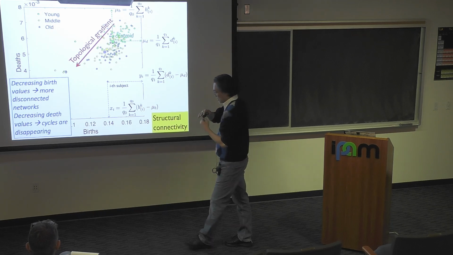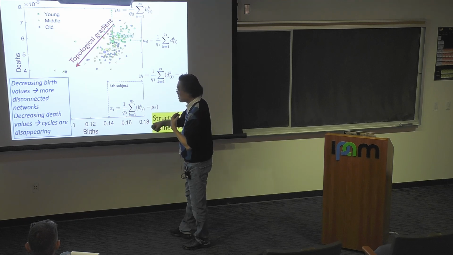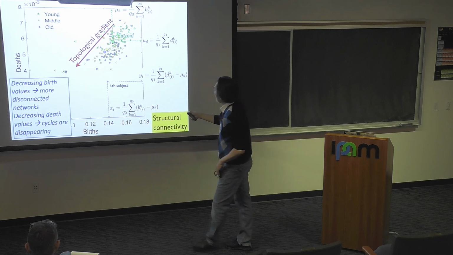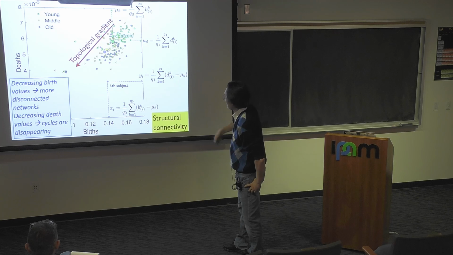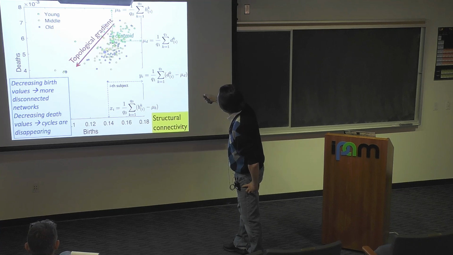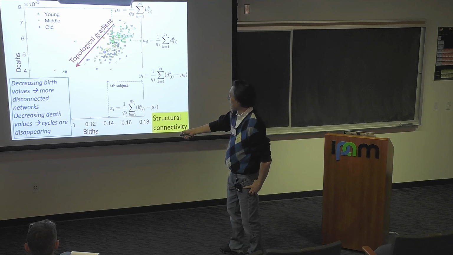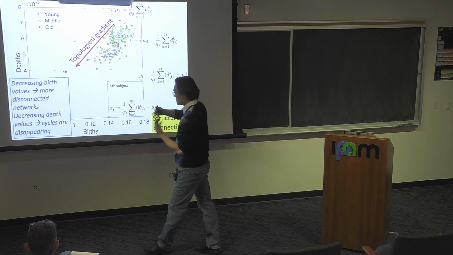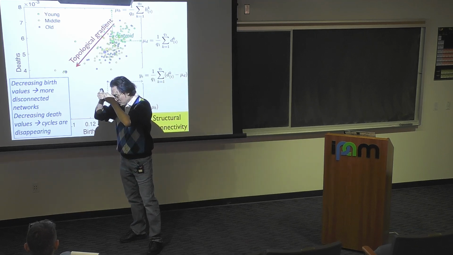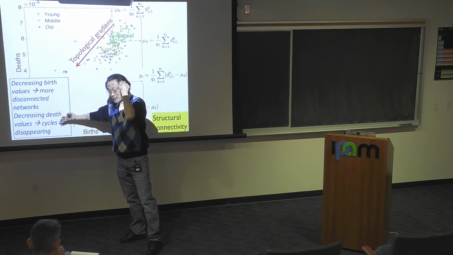We split the subjects into 3 age groups and computed the embedding. Now you can see this is young, middle, old. You can see the gradient here, so we're going to call it topology gradient. What it means is, as you get older, cycles are disappearing and you get more disconnected structure. So your networks are not communicating with each other. That's the conclusion.